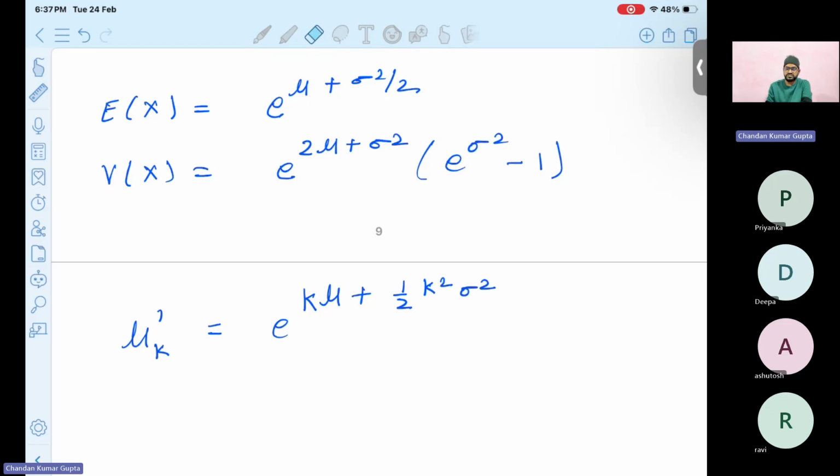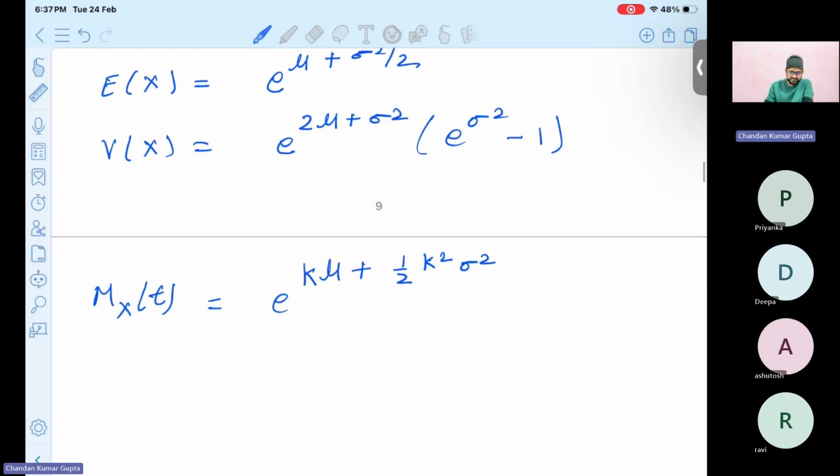That is the moment, not the moment generating function. This here is M_X(t), the moment generating function for the log normal distribution.